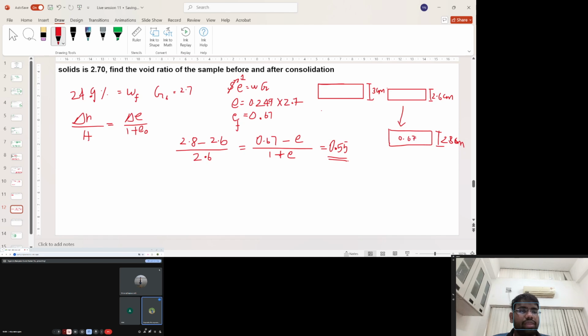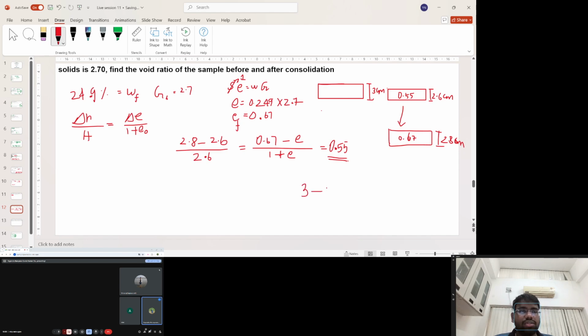At this point it will be at its lowest void ratio, so obviously we are getting a lower void ratio than 0.67. Let it be 0.55, whatever we are getting; we can cross check it afterwards. Now we need to back calculate from here to here. So what is the total change undergone?